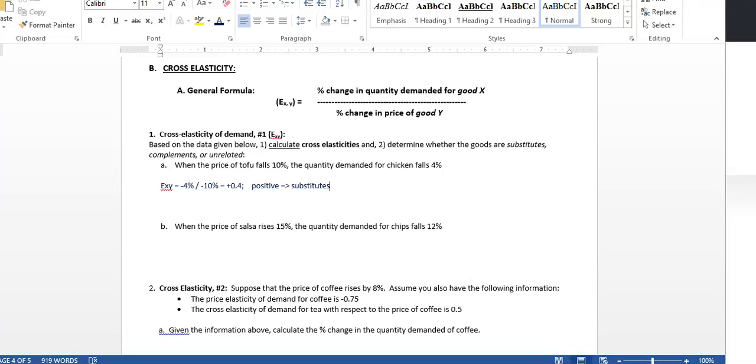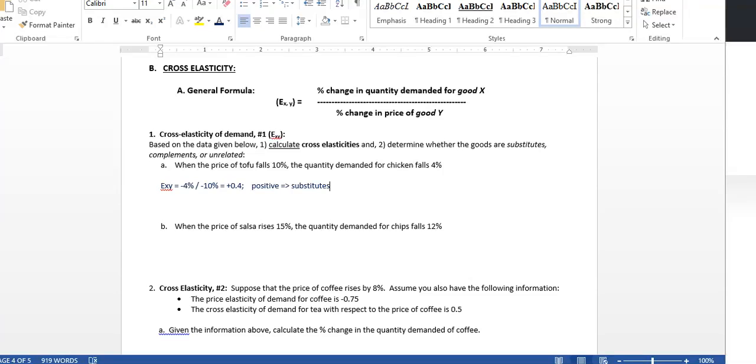So if the price of Y falls and the quantity of good X, the other good, falls, that must mean we get a positive answer. The goods are substitutes. Price and quantity go the same direction. And by that same token, if the price of Coke triples, we're going to buy more Pepsi, the other good.